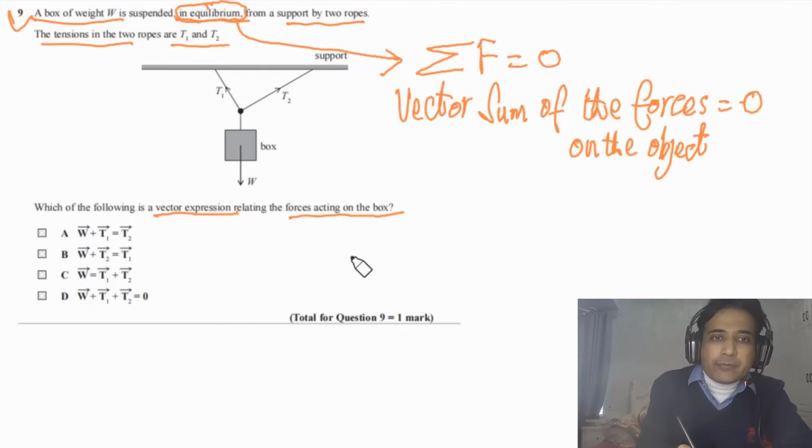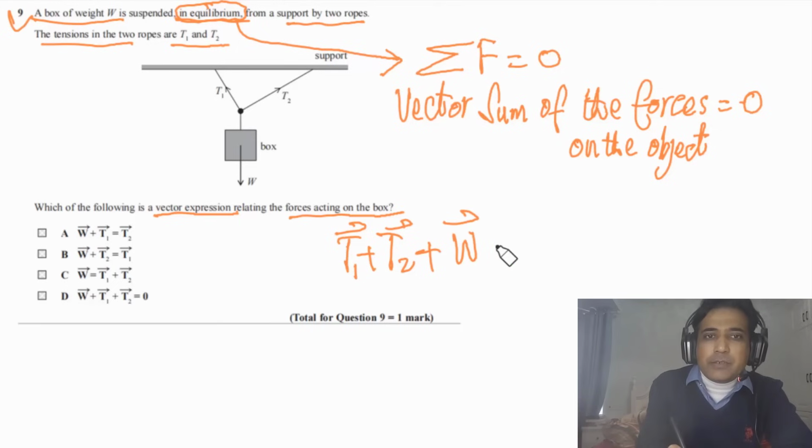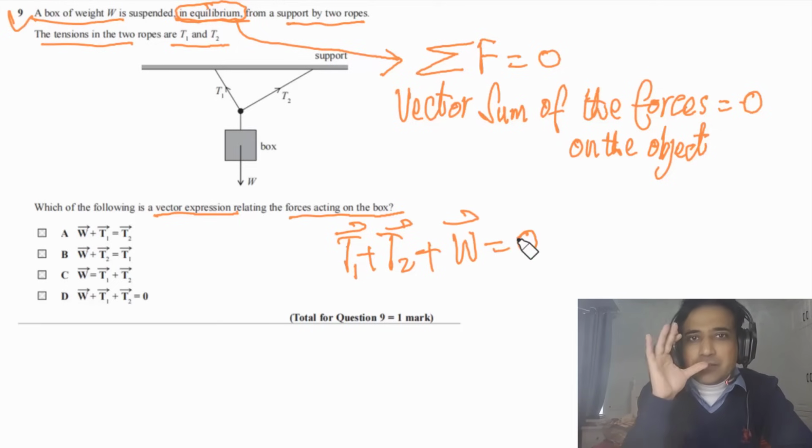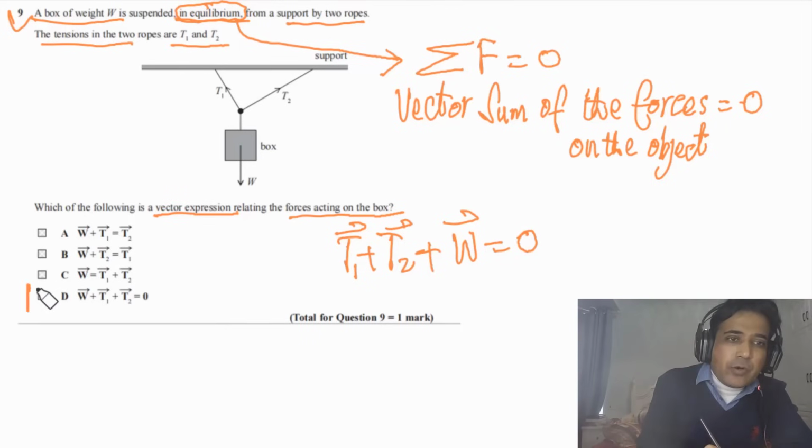So simply we have three vectors here, so it means vector 1, T1, plus vector 2, this is T2, plus the third vector, the sum has to be equal to 0. Vector sum of the forces on the object has to be equal to 0 if the object is in equilibrium. So the answer for this question has to be D.